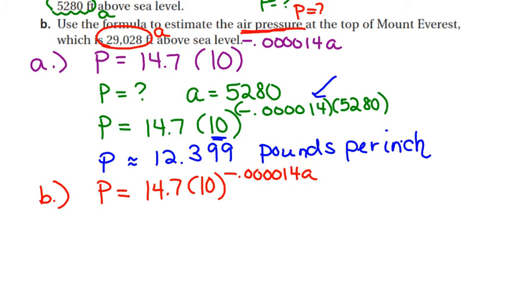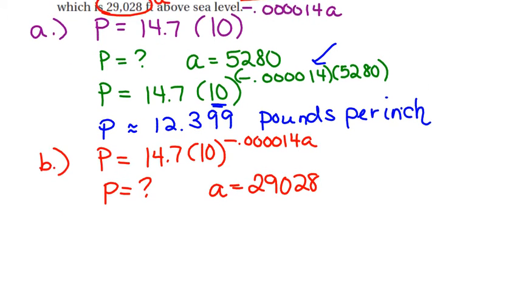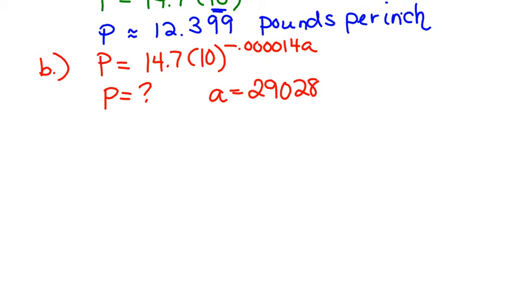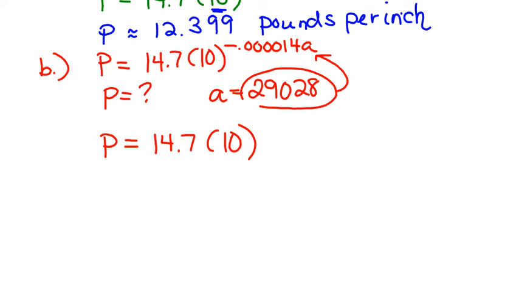Now our altitude, our A value, is going to be 29,028. So now we substitute it in. This is going in for A. So P equals 14.7 times 10 raised to the negative 0.00014, and we're multiplying that by 29,028.